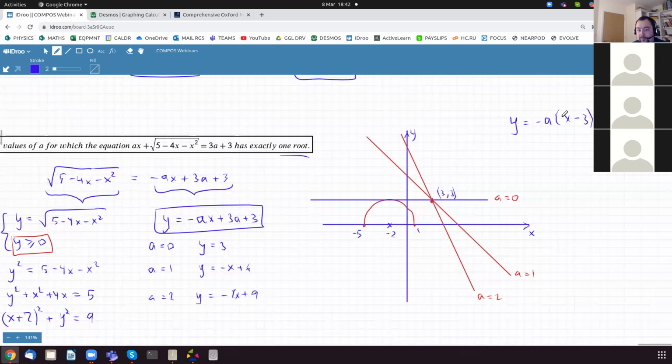So it has to go through the point, and minus A is the gradient. Make sense? 3, 3 is a point, it belongs to the line.